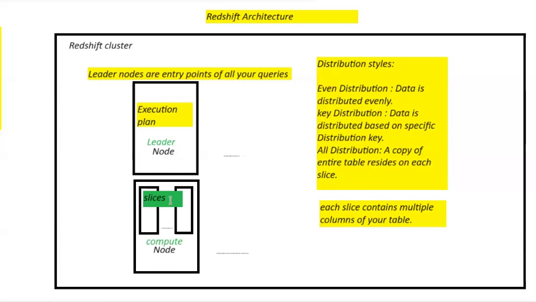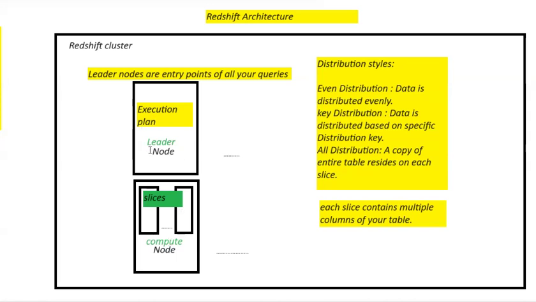So here you can see, while providing execution to slices, how these slices will work? The slices will do an equal amount of work, right? Yes. So at a time, this leader node will distribute breakdown tasks to what? Compute nodes.